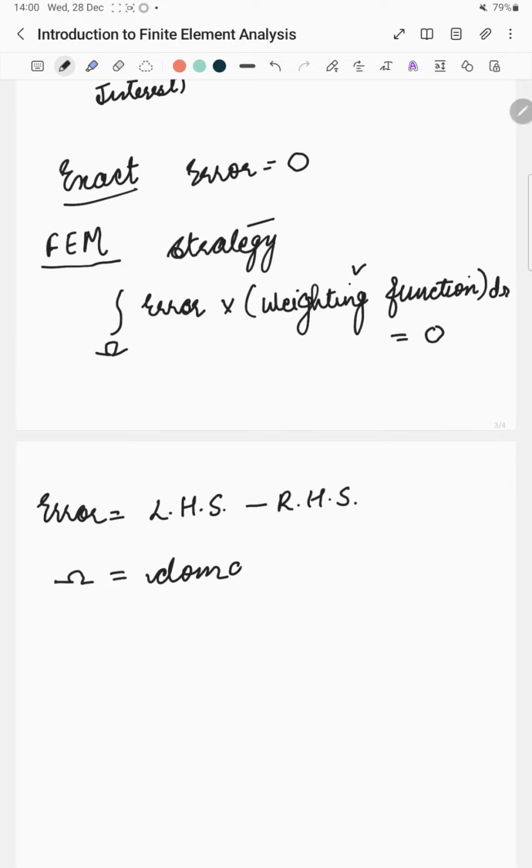And omega here represents the domain. Thus, in finite element, the error may not be 0 at each and every point within the domain and the boundary. But when we integrate this error after weighting with a weight function, then the error should be equal to 0.